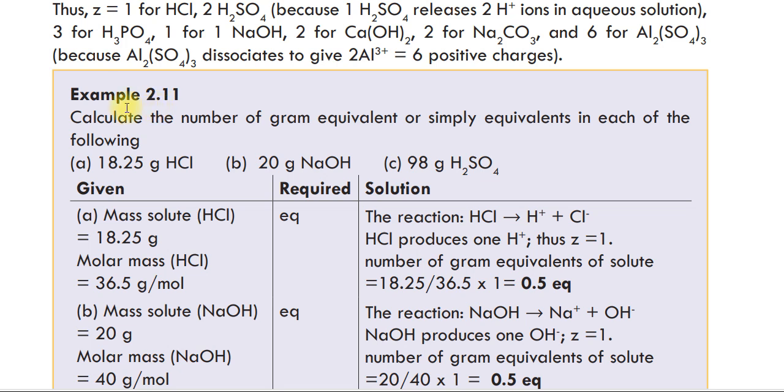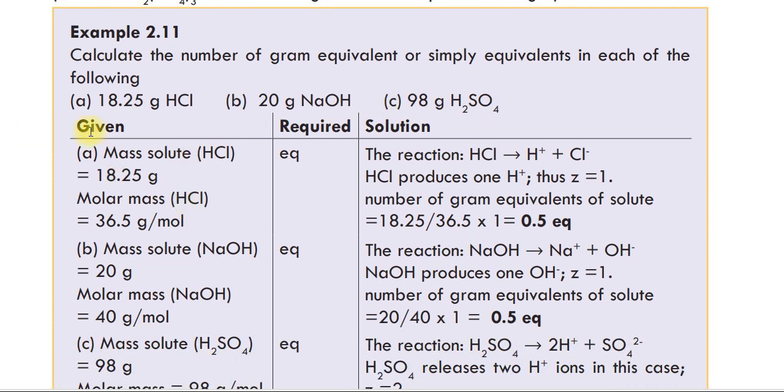For example, calculate the number of gram equivalents, or simply equivalents, in each of the following: a) 18.5 gram of hydrochloric acid, b) 20 gram of sodium hydroxide, and c) 98 grams of sulfuric acid. Given in a, mass of solute of hydrochloric acid is 18.5 gram, molar mass of hydrochloric acid 36.5 gram per mole.